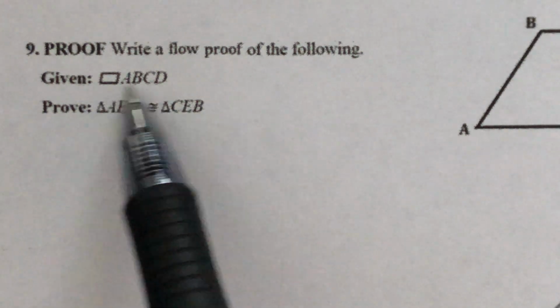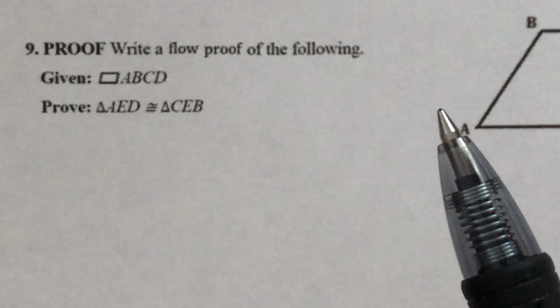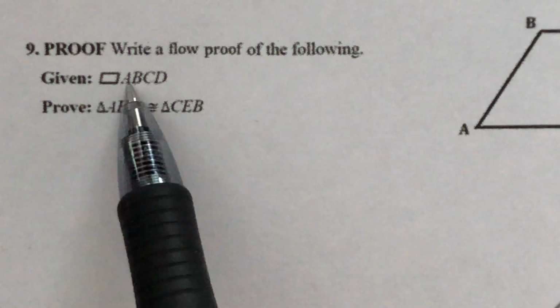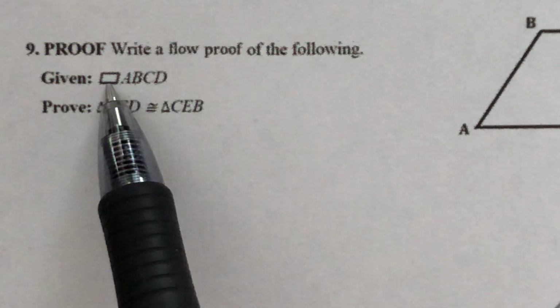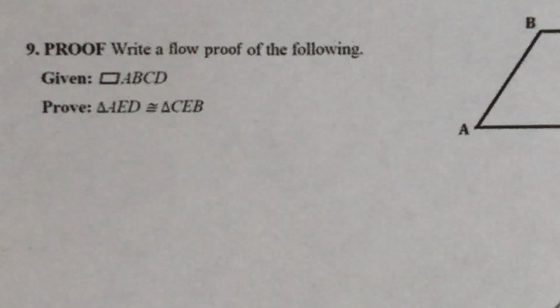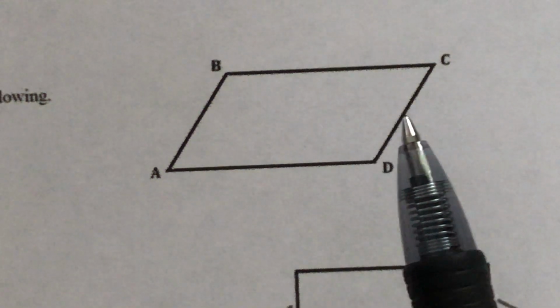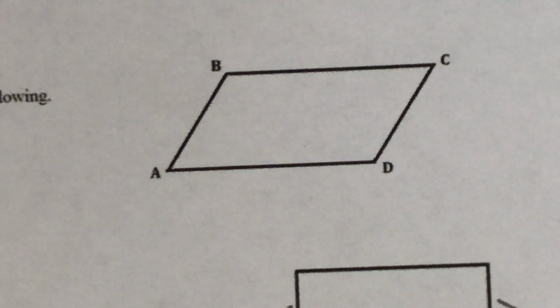And what do you mean given parallelogram ABCD? That's not a fact. Well, when they tell us that a shape is a parallelogram, that implies all of the rules that go with parallelograms, right? So I went ahead and sketched out a parallelogram, and then it says, prove that triangle AED is congruent to triangle CEB.